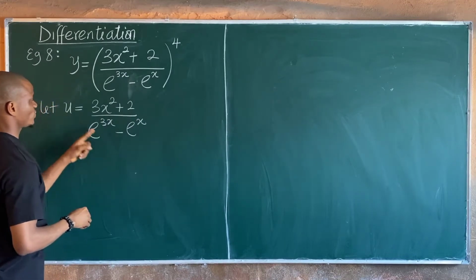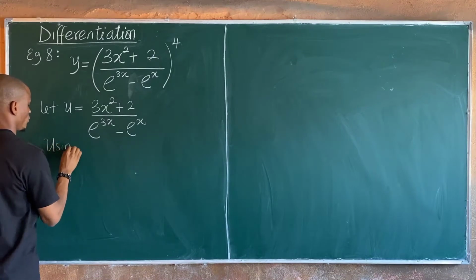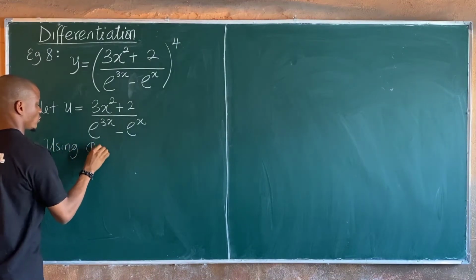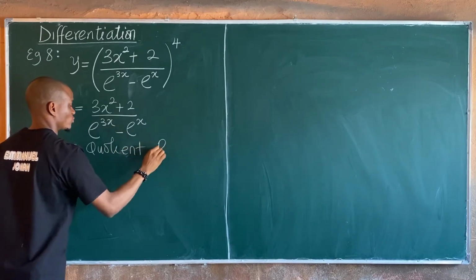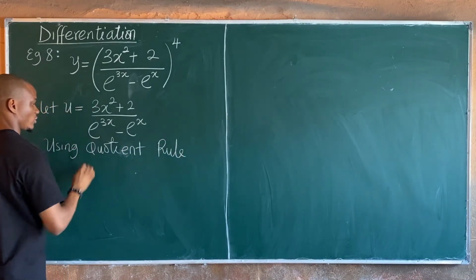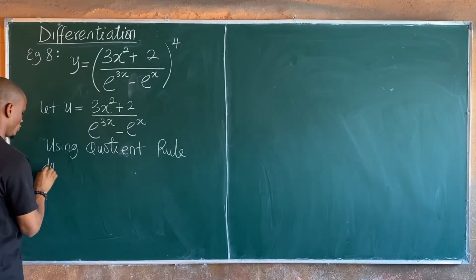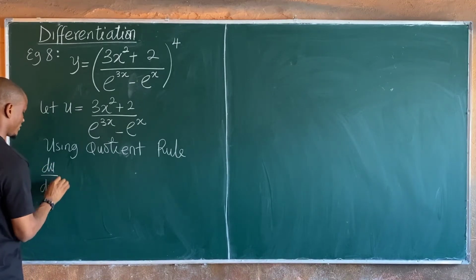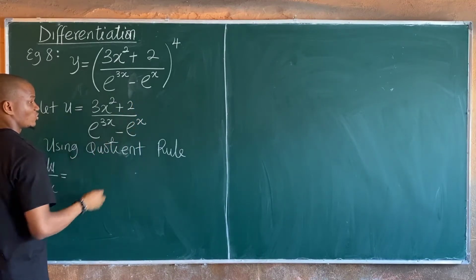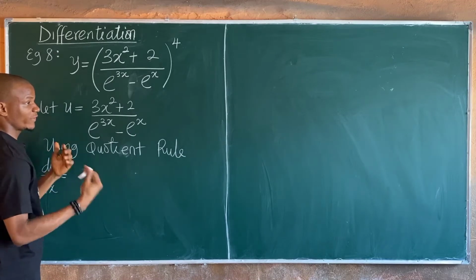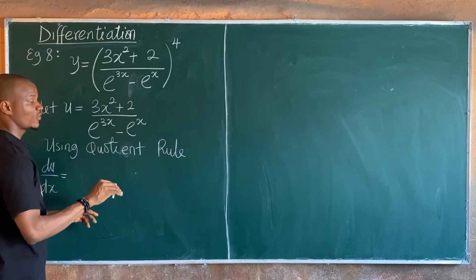If I'm to differentiate this using quotient rule, I'll have that du over dx is equal to, so this is like u, this like v. So quotient rule is v du over dx minus u dv over dx all over v squared.